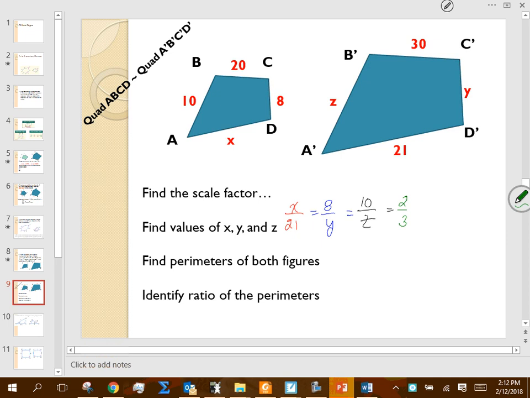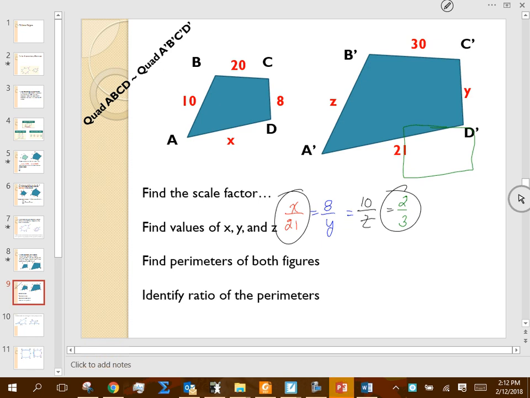Does that make sense why? Yeah. Okay. Reduce that to 2/3, and now that 2/3 should be equal to 10 over Z. That 2/3, because 10 over Z is the same thing as 8 over Y, so 2/3 should be equal to 8 over Y. And then 2/3 should also be equal to X over 21. Does that make sense, everybody?